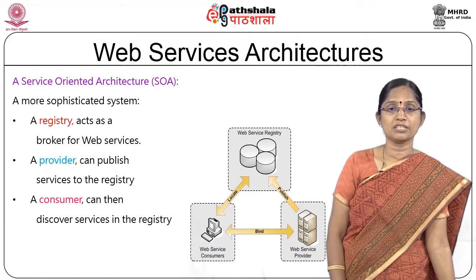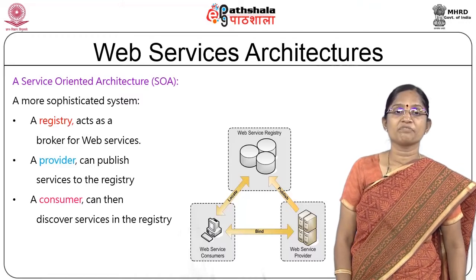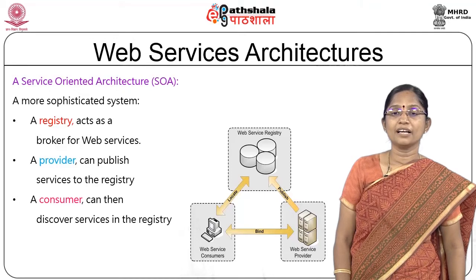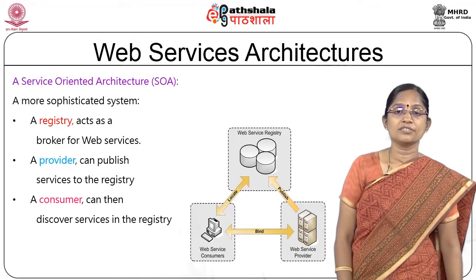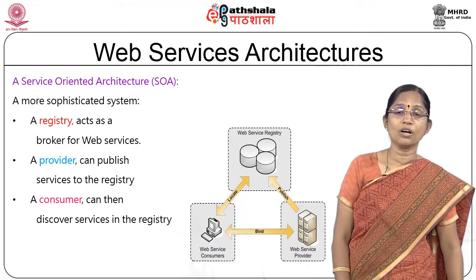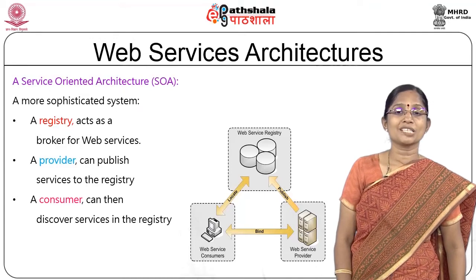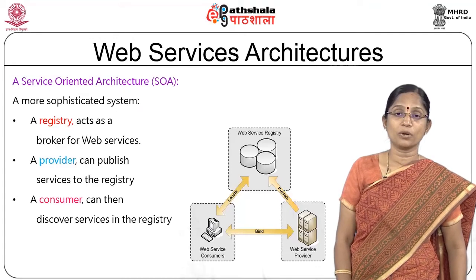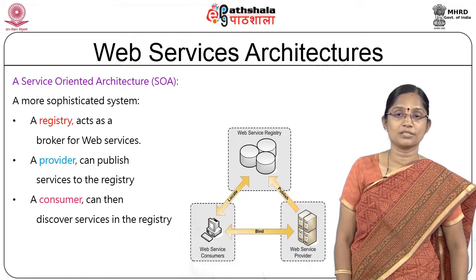This is a more sophisticated system which comprises 3 things: a registry, a provider and a consumer. You can see that a registry is sitting between the consumer and the producer. I told you already that the registry is a UDDI. The registry acts as a broker for these web services. Only with the help of these brokers can the consumers identify where the service is located. A provider is like a server that wants to publish services.